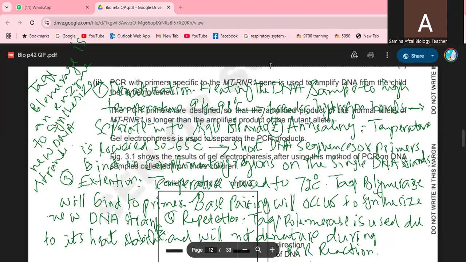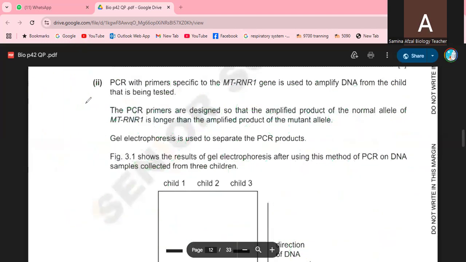So the next question is, PCR with primers specific to the MTRNR1 gene is used to amplify DNA from the child that is being tested. The PCR primers are designed so that the amplified product of the normal allele of MTRNR1 is longer than the amplified product of the mutant allele.